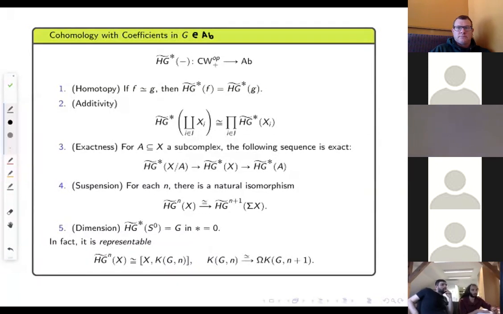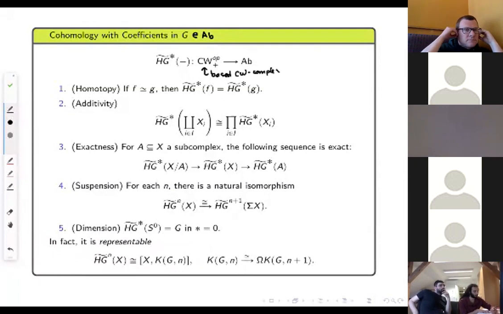So what's cohomology? It's a contravariant functor from, so this here is based CW complexes, and the op is the part where it says that it's a contravariant functor, so it switches arrows. So it goes from the category of based CW complexes to the category of abelian groups.